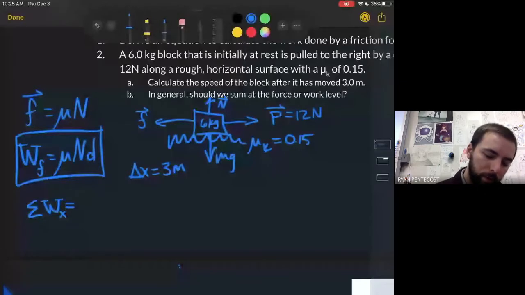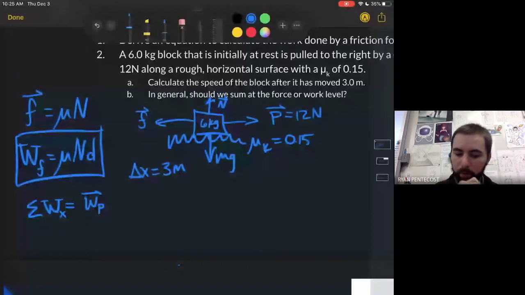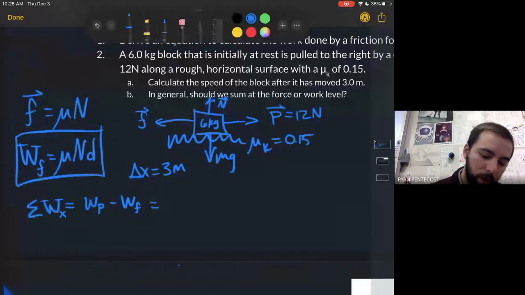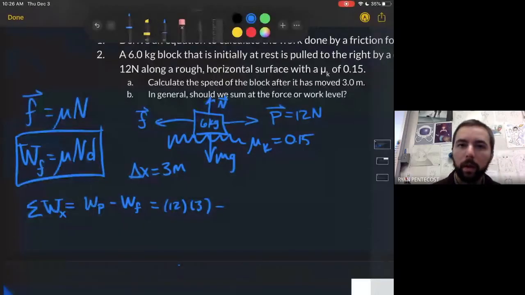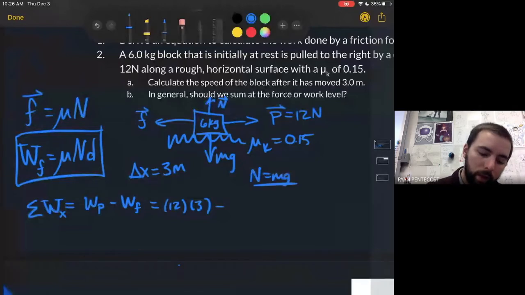The work of the pull force is just F D cosine theta, but cosine of 0 is 1, so we'll just do F times D. So we've got 12 times 3 minus mu N D, but here N equals mg, and it will in a lot of our problems. So you can use mu mg times the distance.